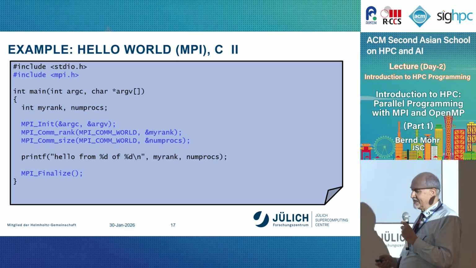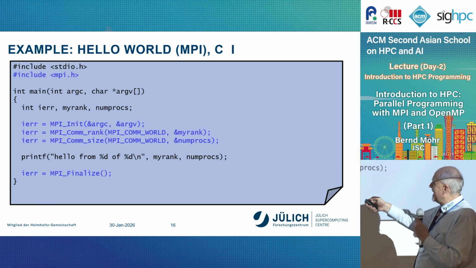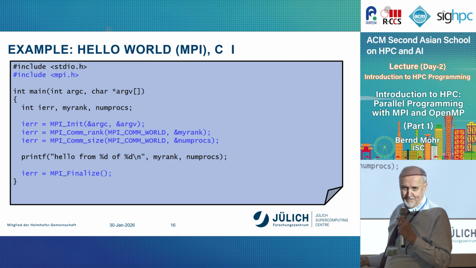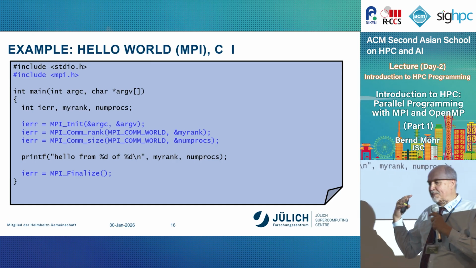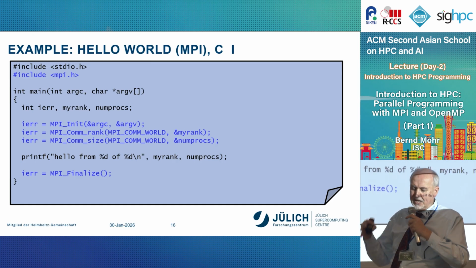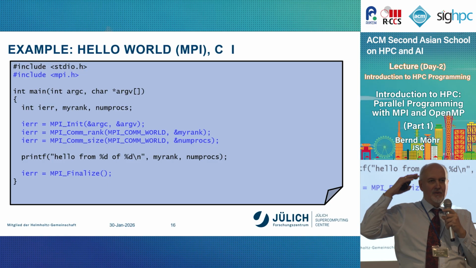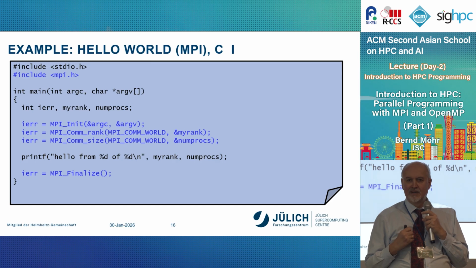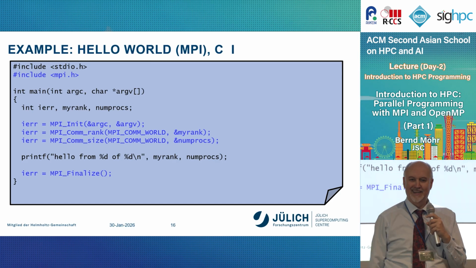So these MPI functions return an error if something goes wrong. But if you don't do anything really special and complicated, if there's an MPI error, it just kills your program and stops.